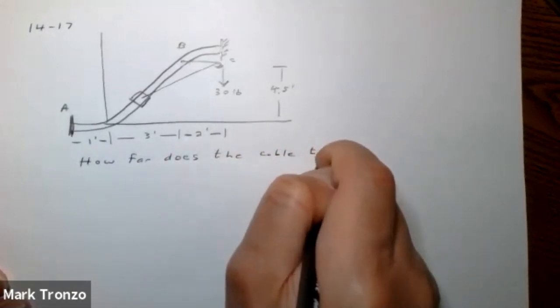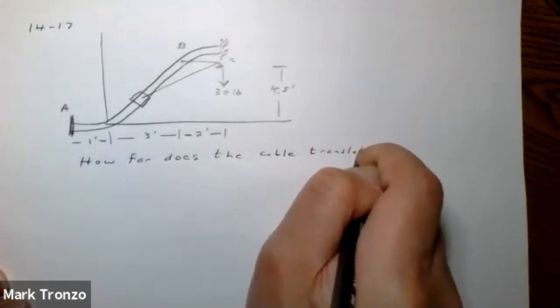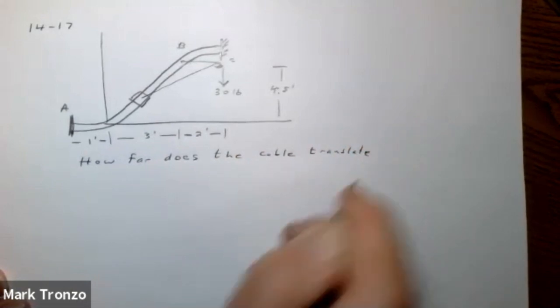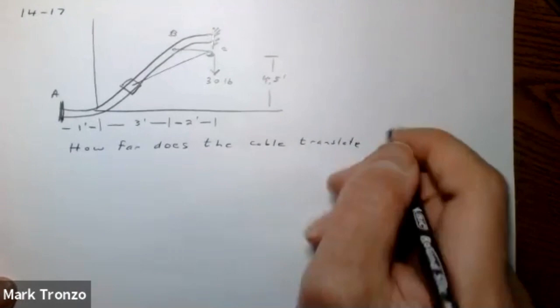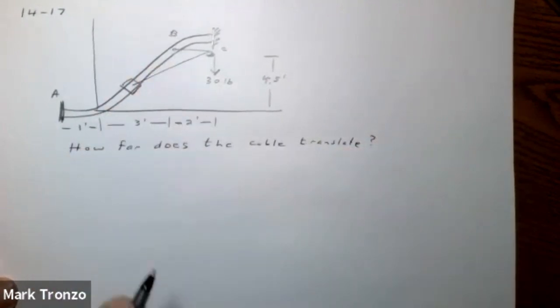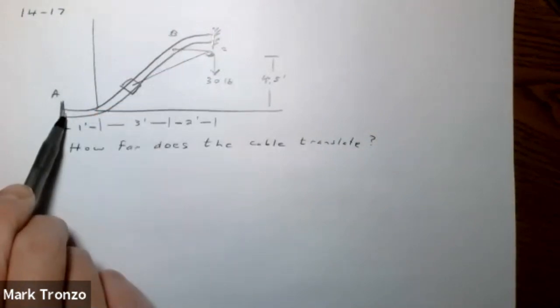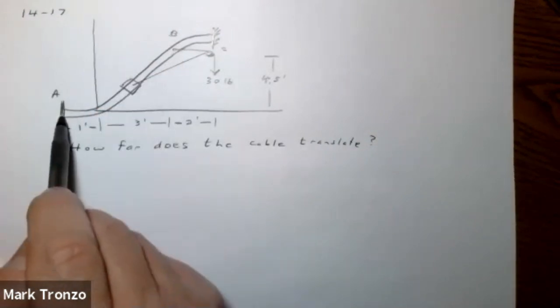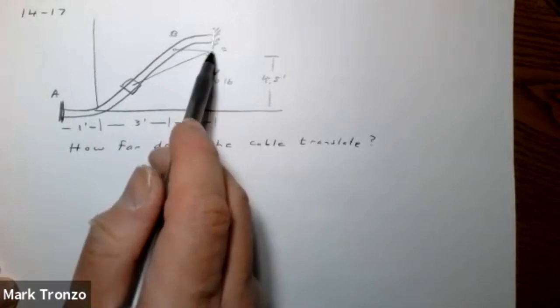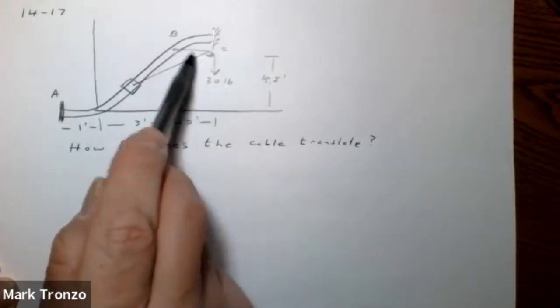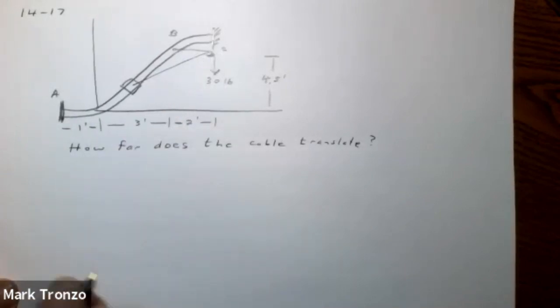So the cable is being pulled this way. And so the best thing, we're going to start at A and go to B. What we can do is figure out the distance from A to C when we start and the distance from B to C at the end.